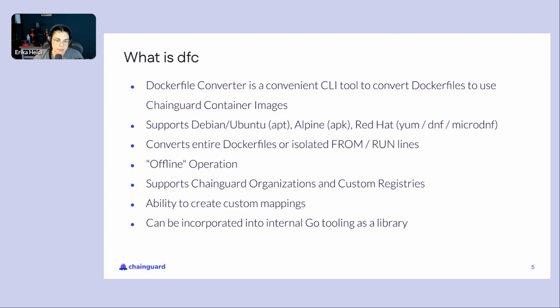If you already have tools in Go, you can incorporate DFC as a Go library. So it's also useful to convert your Dockerfiles programmatically or in batches. If you have many Dockerfiles, this can be useful. DFC also has an MCP server, and we'll see how it works with Claude Code at the end.